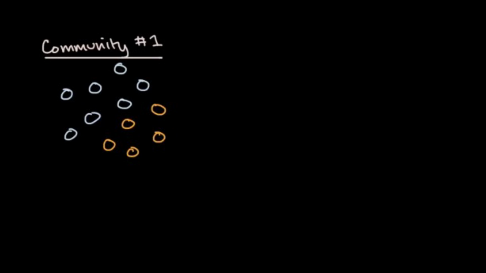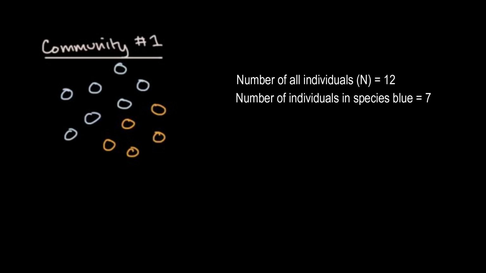First, the number of all individuals, capital N, is 12. Second, the number of individuals in the species blue, we can count, is 7. Now the number of individuals in the species orange is 5.